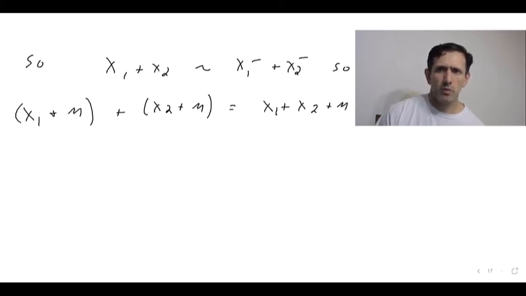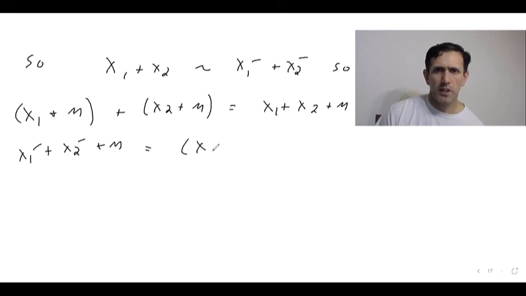And that's going to be equal to x1 prime plus x2 prime plus. Well, this is just shorthand for the class generated by x1 plus x2 and the class generated by x1 prime plus x2 prime. They're equivalent, so the same class.